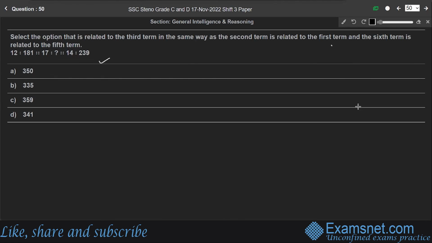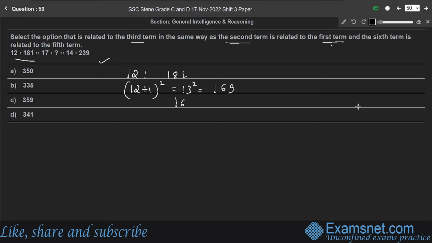Question number 50. Select the option that is related to the third term in the same way as the second term is related to the first term, and the sixth term is related to the fifth term. We'll consider the first two terms and how they are related. So 12 is related to 181. We'll consider 12 plus 1 whole square, which is 13 square. 13 square is nothing but 169.